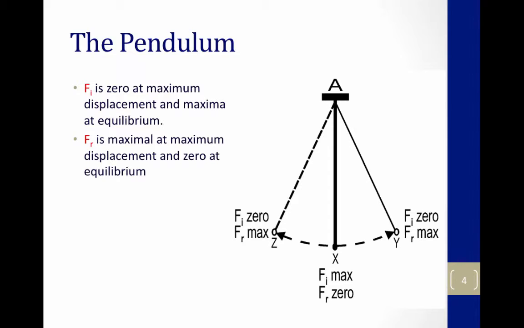But the force of restoring to equilibrium is at its greatest because the further the pendulum is away from equilibrium, the more it wants to get home. So at maximum displacement, the force of inertia is zero and the restoring force of gravity is at a maximum. And it will go back and forth and back and forth and back and forth.